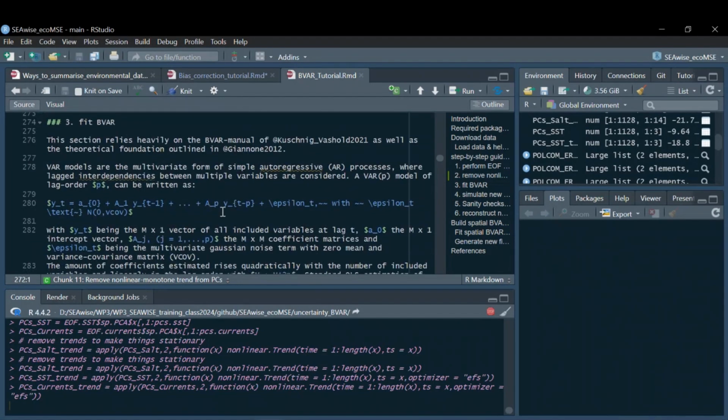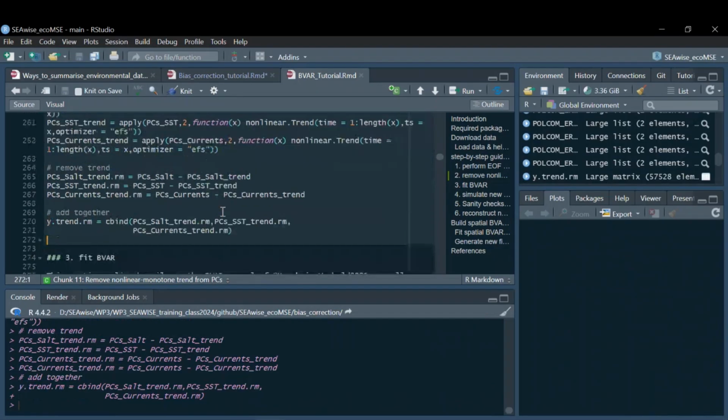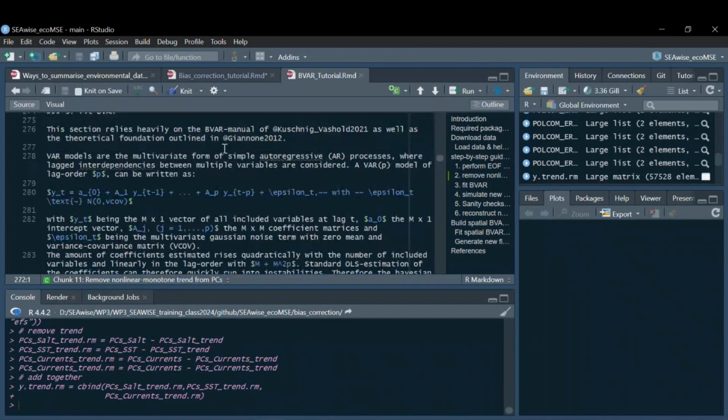Here I say something about the BVAR in particular. Some is picked from tutorials from Kuschnig and Vashold, 2021, also a paper by Giannone, 2012.